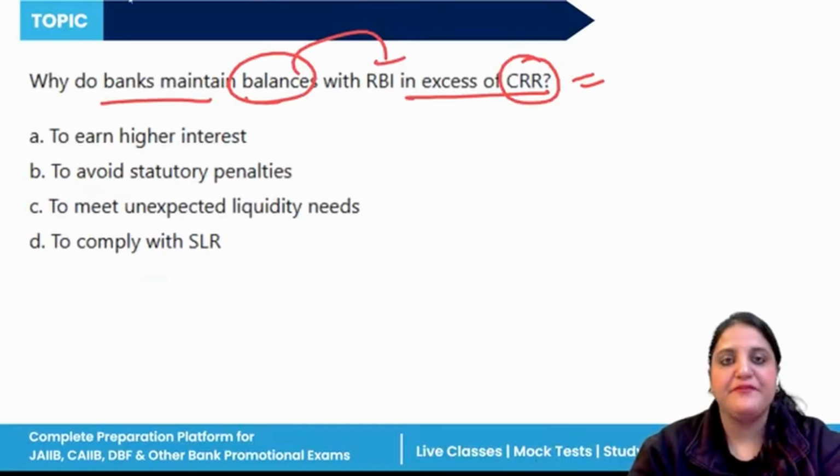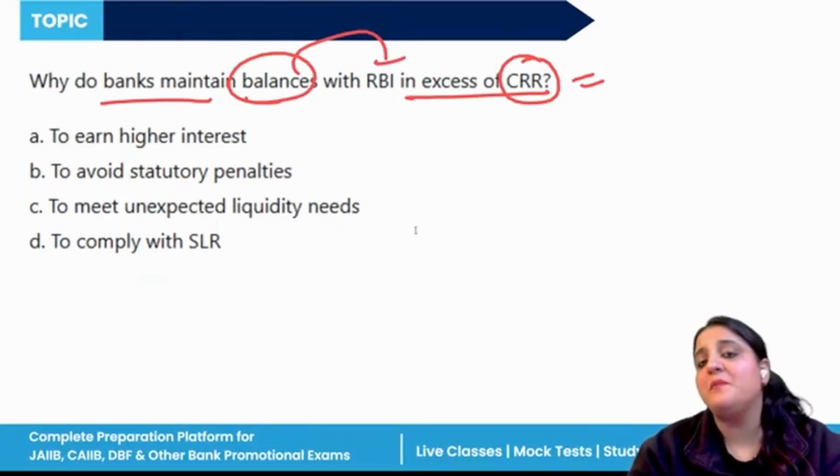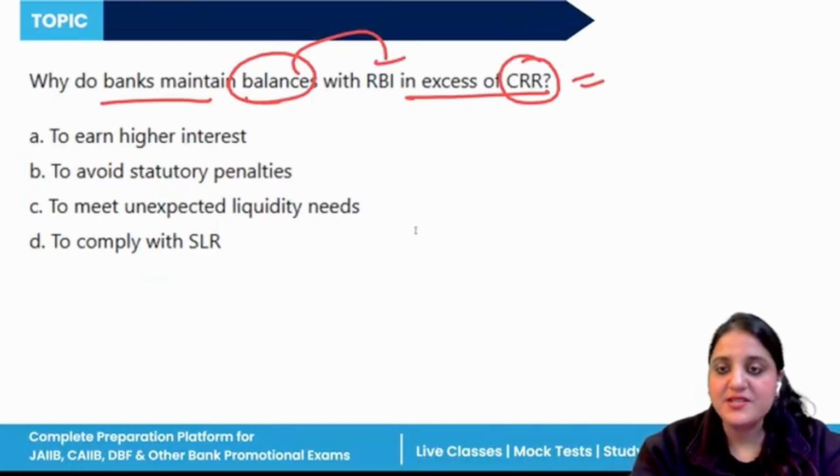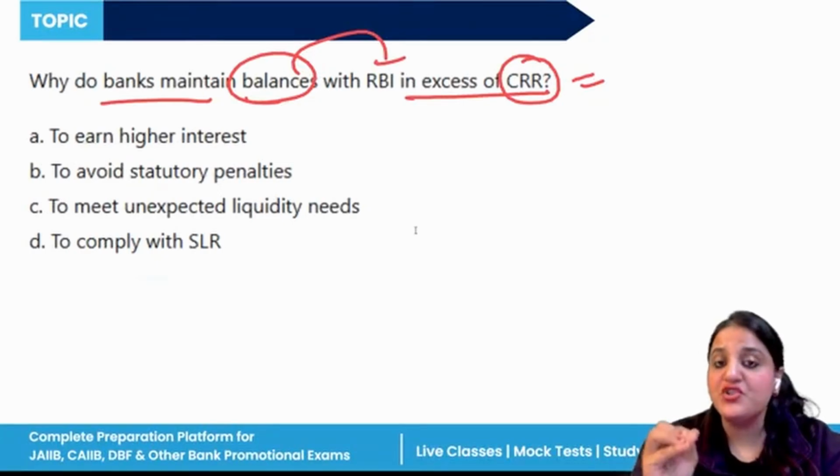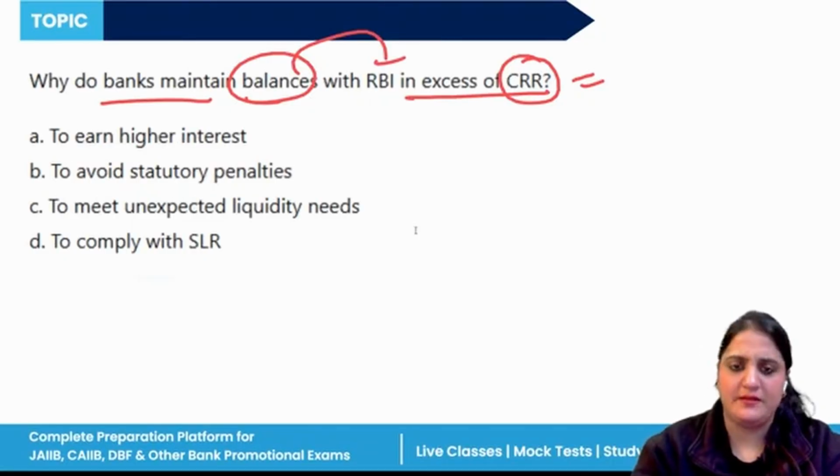So let me tell you, very simple. See, we know that bank cash and balances with the RBI is the bank's emergency wallet. It includes cash in hand, foreign currency cash, CRR balances with the RBI, and surplus balances with the RBI. So this is the most liquid asset but earns minimal or no return.